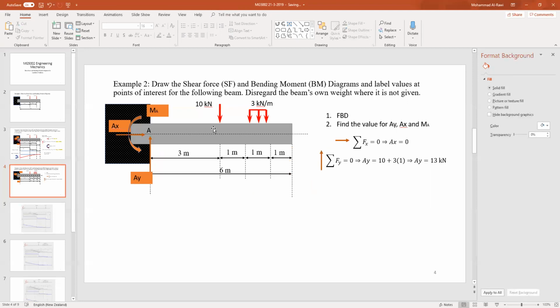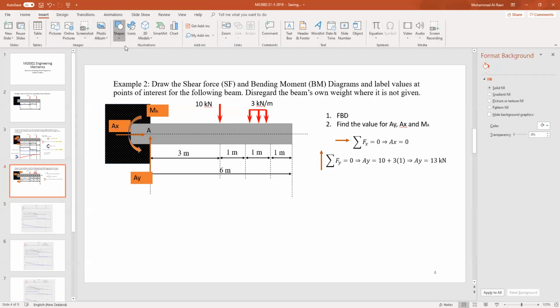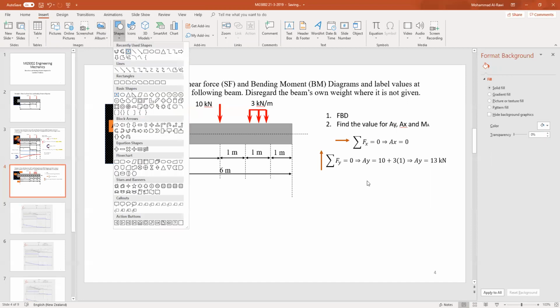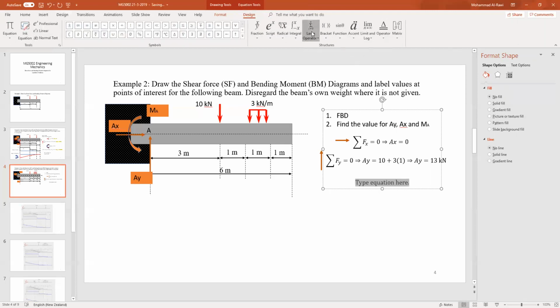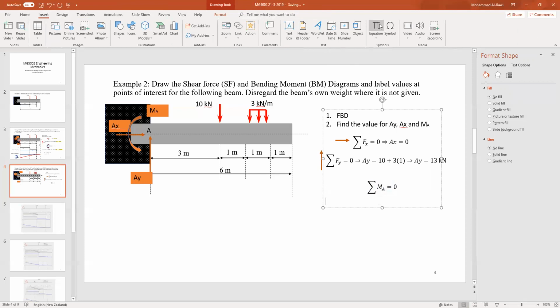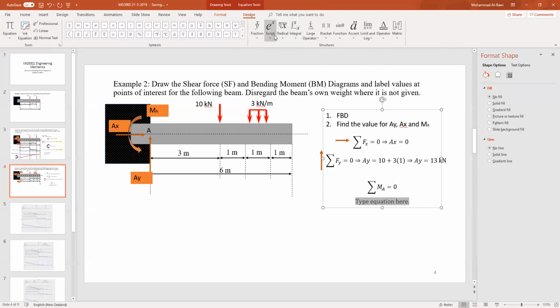Now we need to calculate the moment around point A. We enter the equation editor: algebraic summation of moment around point A equals 0.